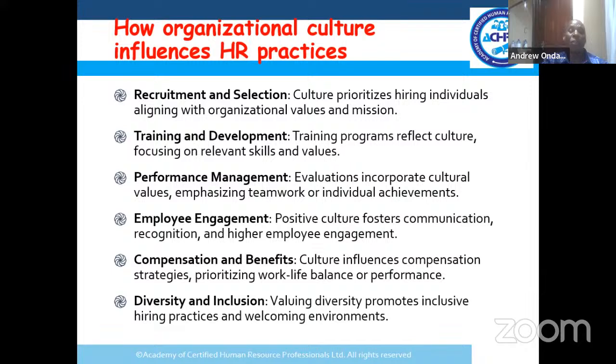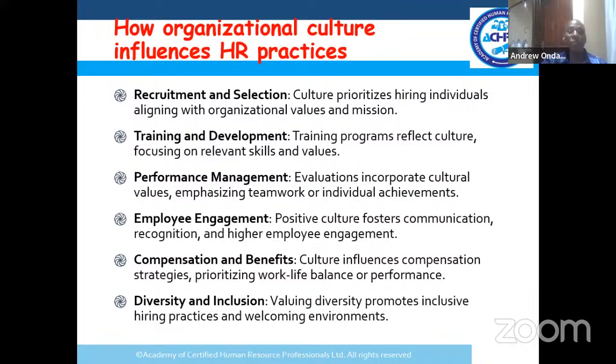So at the end of a period, we measure the performance of people individually because of the performance contract. And we have several KPIs that we measure to determine the achievement of individuals. So in performance management, we look at the aspects that talk about culture, like teamwork and individual achievements.